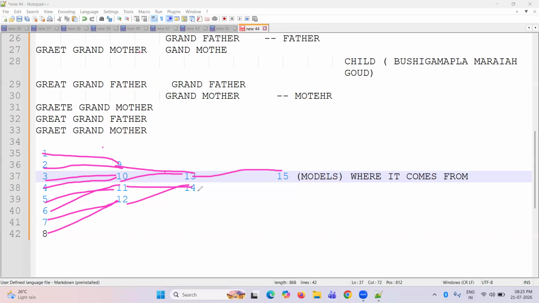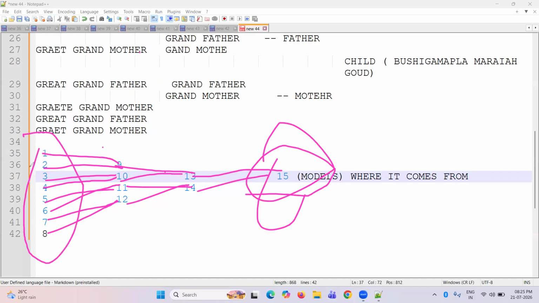So now we know if they ask where this model comes from: the 13th from 9 and 10, the 14th from 11 and 12, then from 1, 2, 3, 4 and so on. What is the base of this 15th model? The base is these 8 tables.